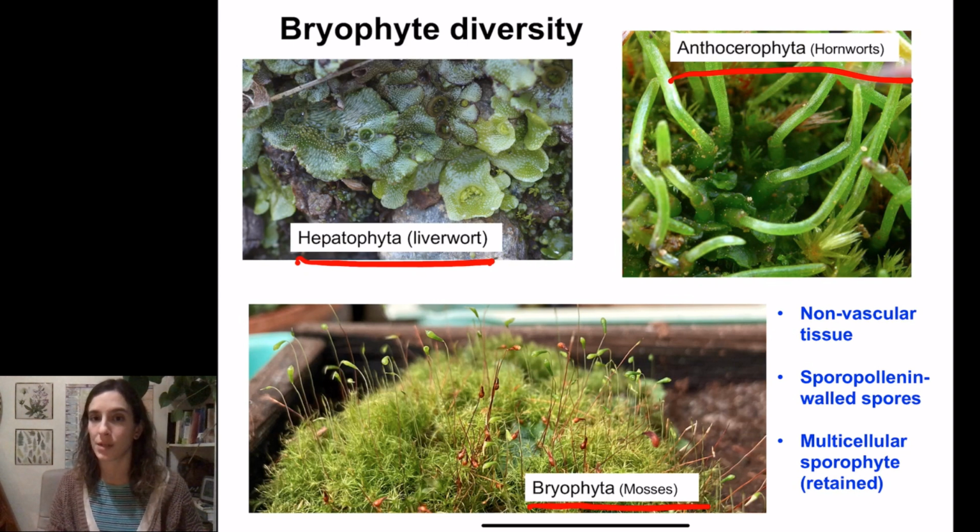It allows them to resist harsh conditions, like really hot or really dry conditions. And so that's really useful for them being on land and all. And also they have a multicellular sporophyte, which is retained. And namely, that sporophyte starts off as a zygote and then it becomes an embryo.